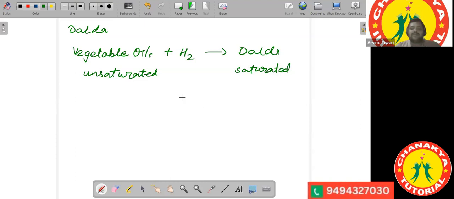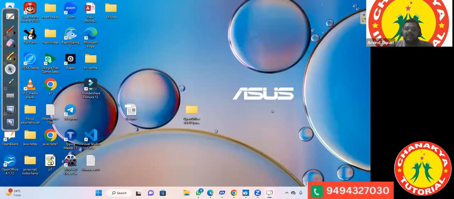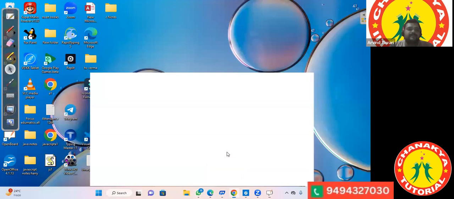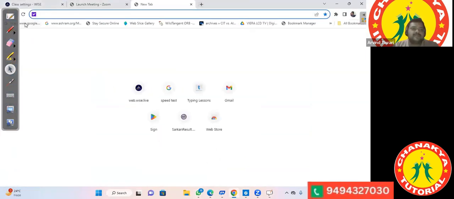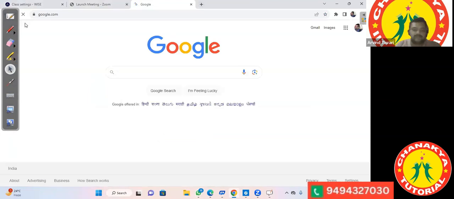So dalda has its appearance like ghee. I will show how dalda looks. In the beginning you will feel that yes, it is ghee. So let's see dalda.